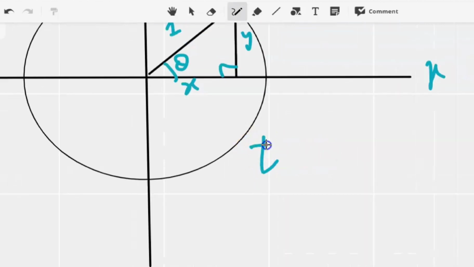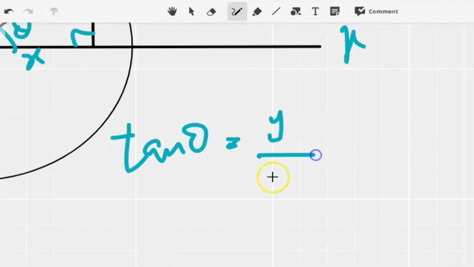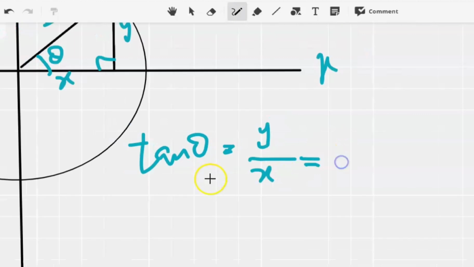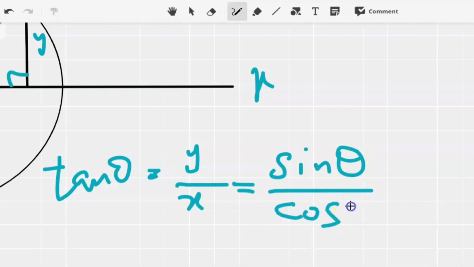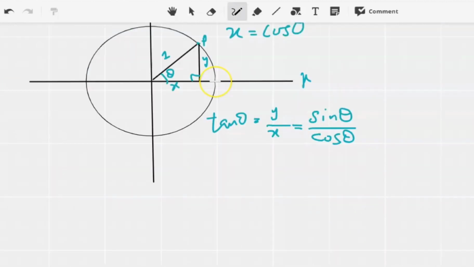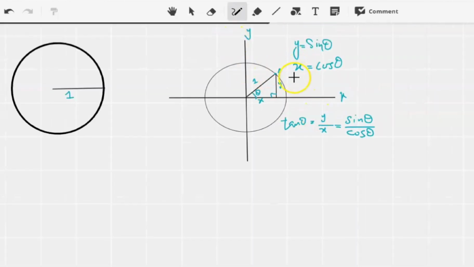So you can write that tan theta is equal to opposite, which is y, over x. And I already told you this is sine theta over cos theta.